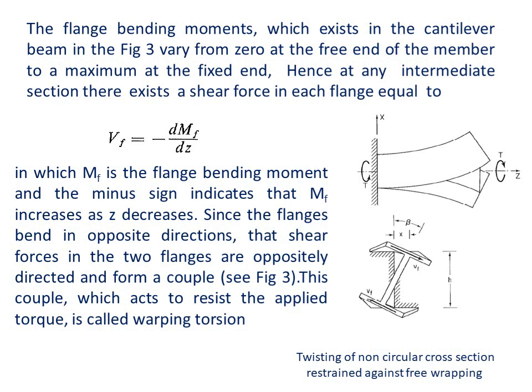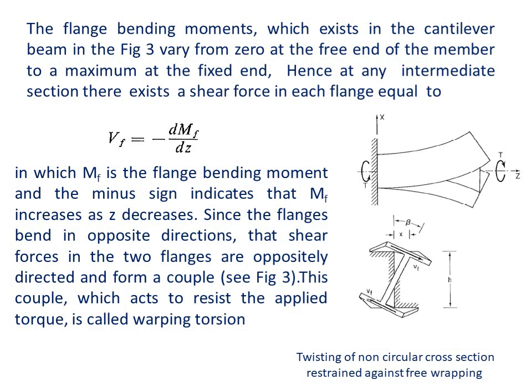Also remember that the slope of the shear curve at any given point is the load applied at that point. Here in this equation MF is the flange bending moment, and the minus sign indicates that MF increases as z decreases. The moment is more as z decreases.